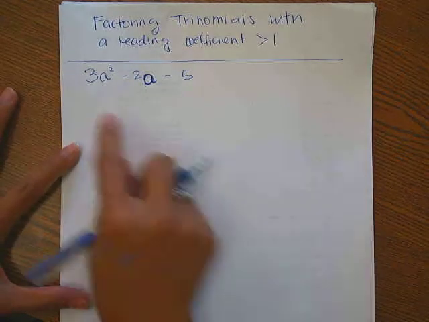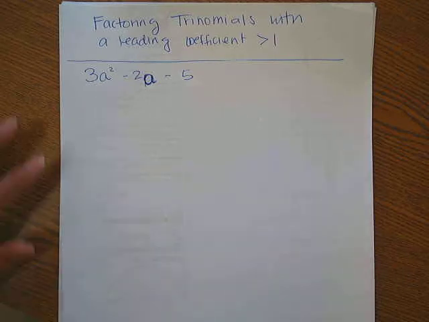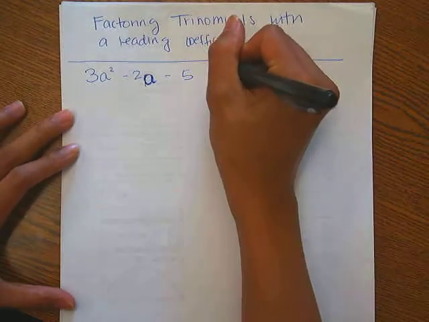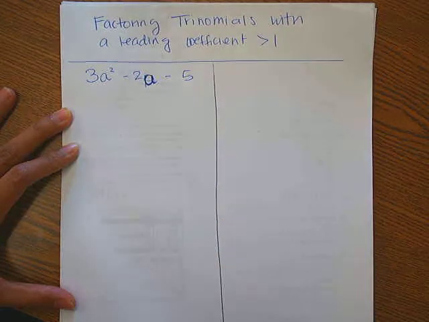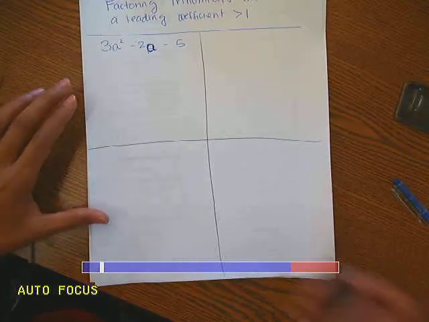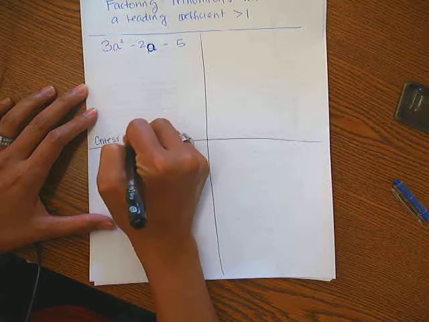All right, so as the teacher, when I learned how to factor this in Algebra 1 many moons ago, I kind of learned it by the guess and check method. So I'm going to show you all of the methods that you can use for factoring. I'm going to divide this into 4 quads. The first quad, I'm going to show you how to do it by guess and check.